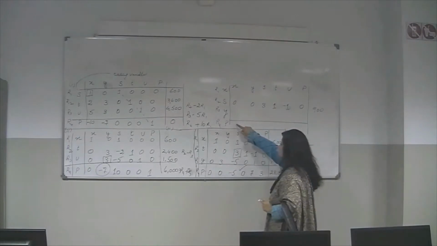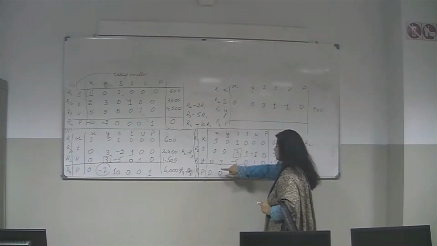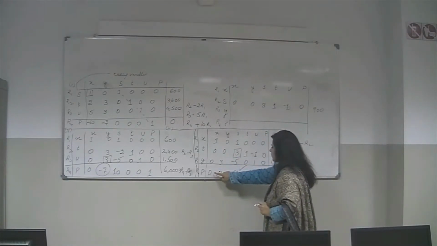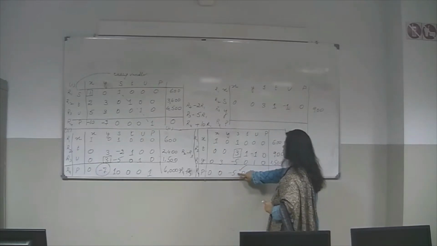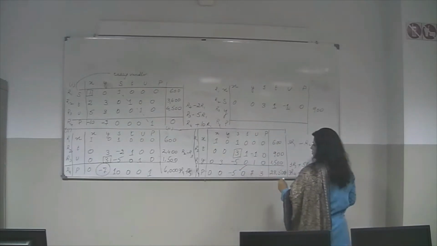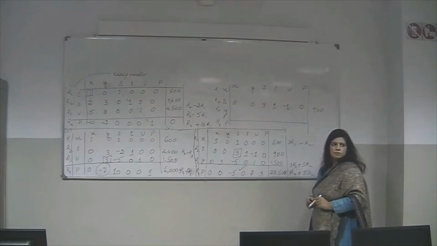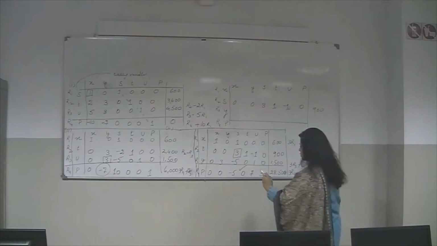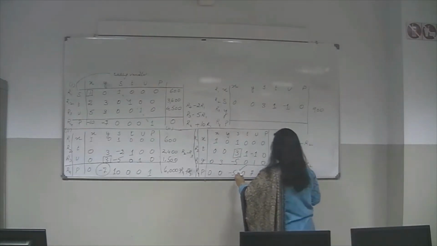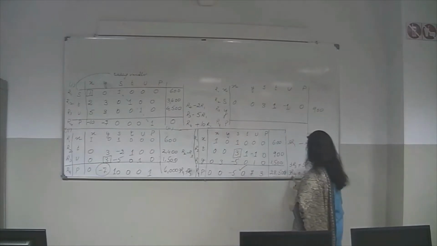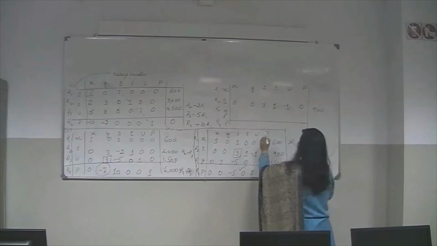So this is 0, and we begin with this one first. We have minus 5 multiplied by 3, so this is the S part.